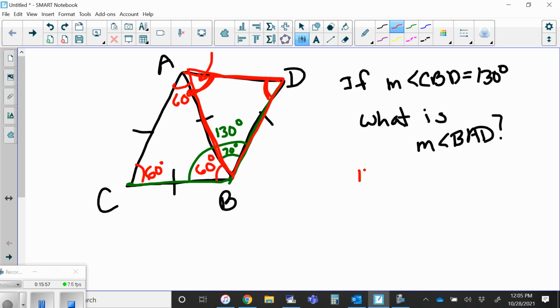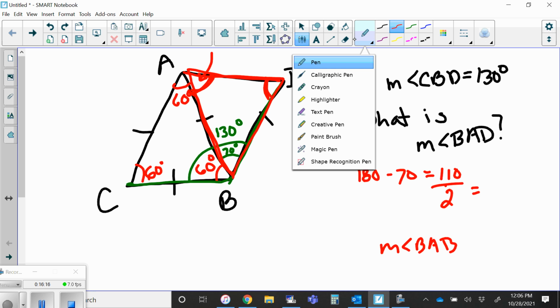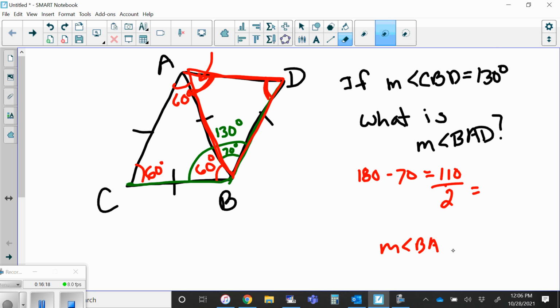So if I take 180 and minus what from it? I get 100 and then I divide it by 2 and get the measure of angle BAD is what? Does everybody get how I did that?